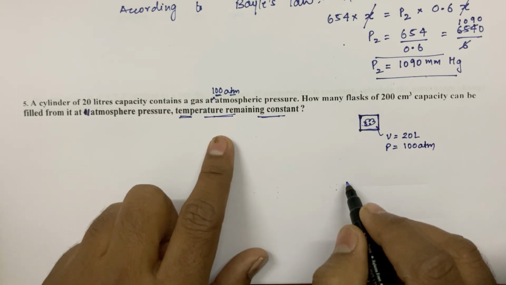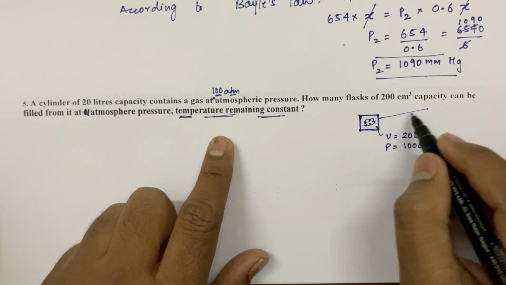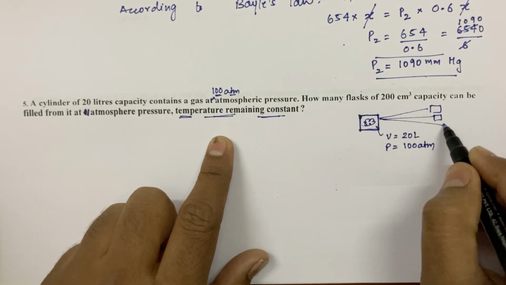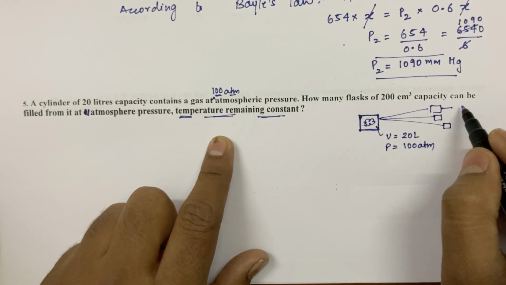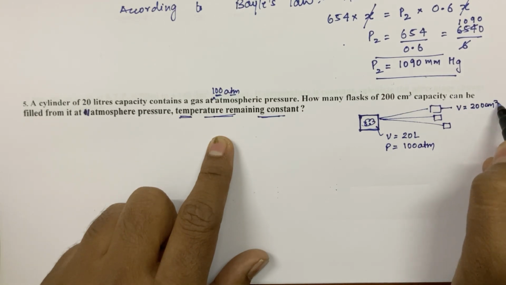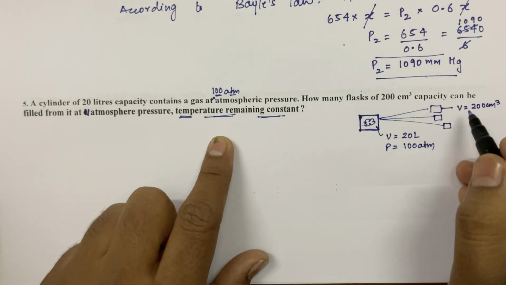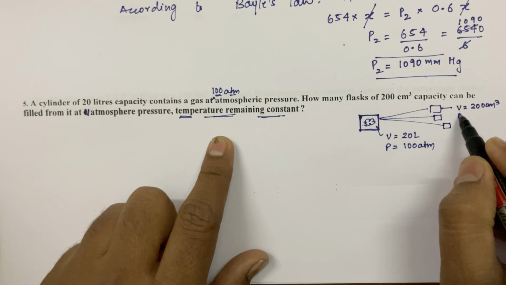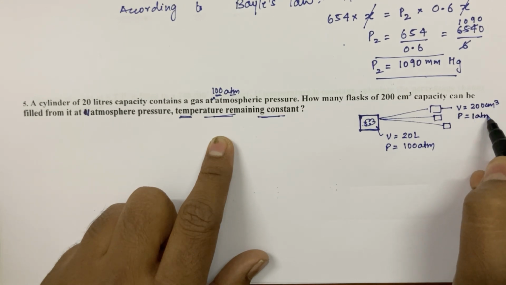Now what they are asking is that from this I will fill small flasks. Now these flasks are having volume equal to 200 centimeter cube, and they are asking that the pressure is 1 atmospheric pressure.